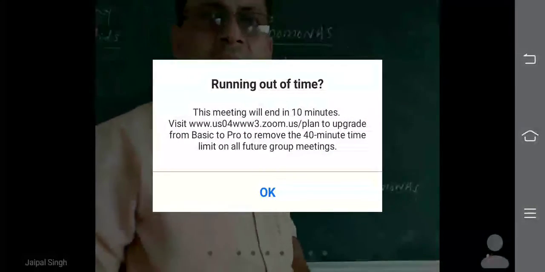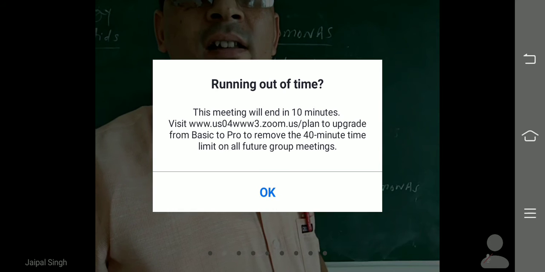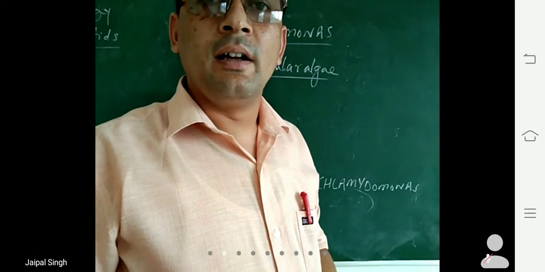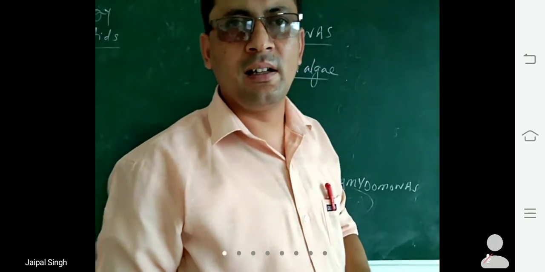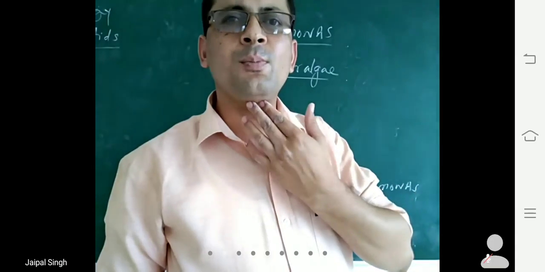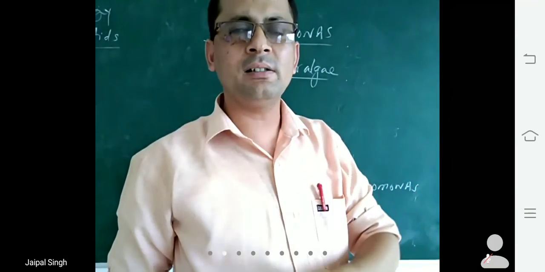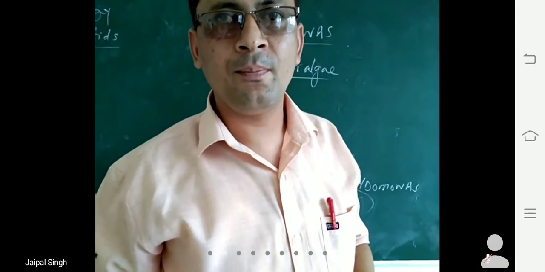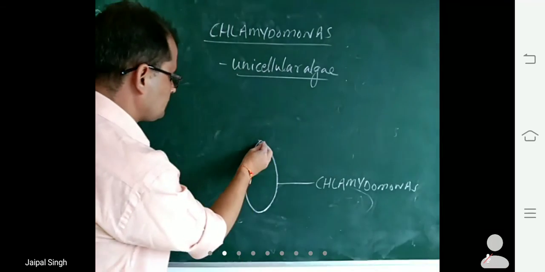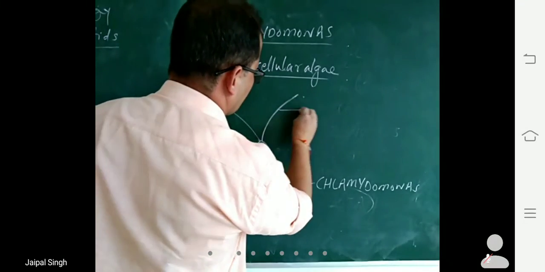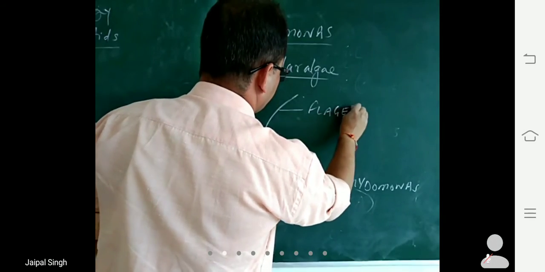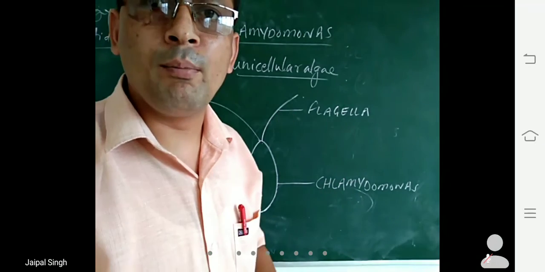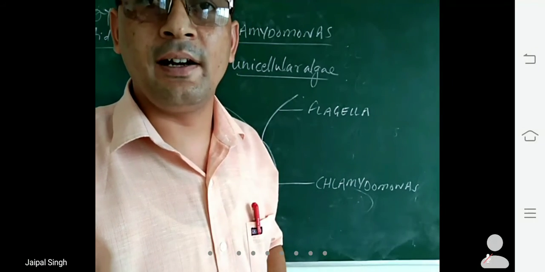Biflagellate means it has two hair-like structures that are known as flagella. Like my head is there, from this portion to this portion. Suppose this is chlamydomonas, and these two hands, when I put them over the head, these are the flagella. So this is flagella. Now because they are two in number, that's why they are known as biflagellate.